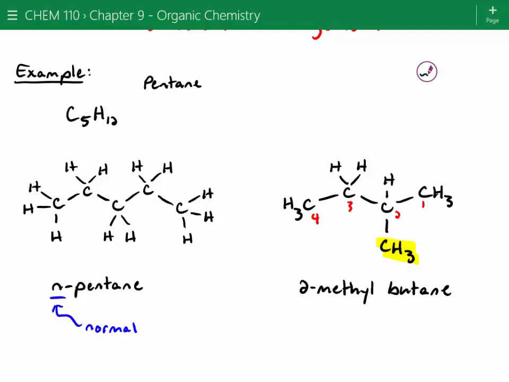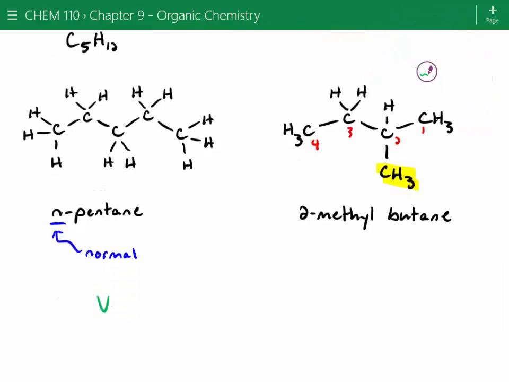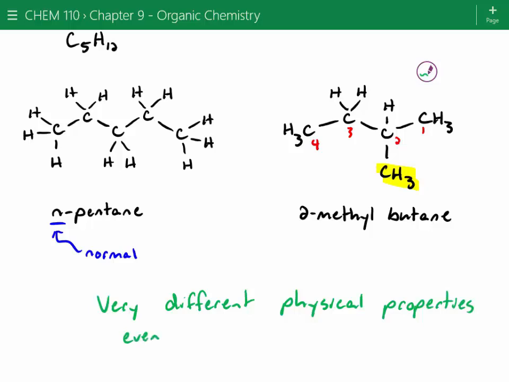So do these have the same physical properties? No, they're very different, right? Because they have different surface areas associated with them. So we could say that these have very different physical properties, even though they have the same molecular formula.